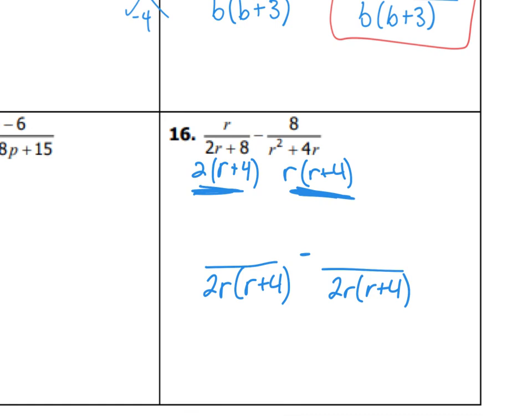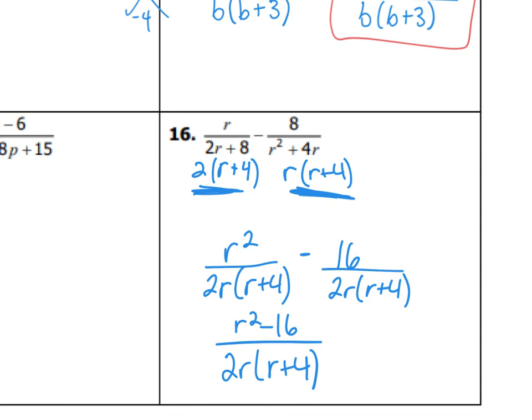What is r times r? R squared. Okay? Second one, what is it missing? Just the 2. So I just need to multiply that numerator by 2. What is 8 times 2? 16. Cool. So I now have r squared minus 16 over 2r times r plus 4.